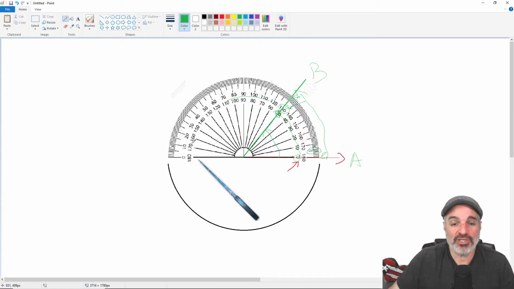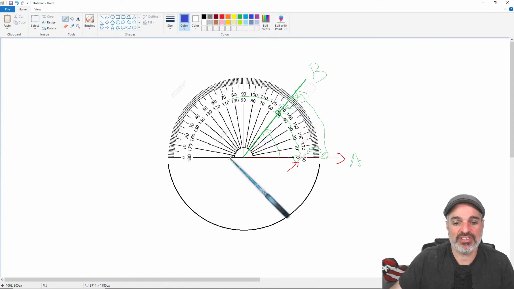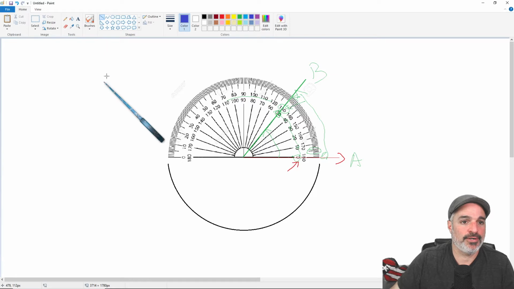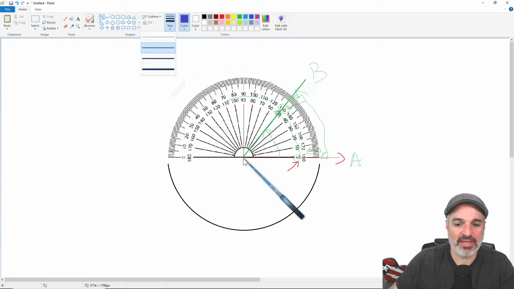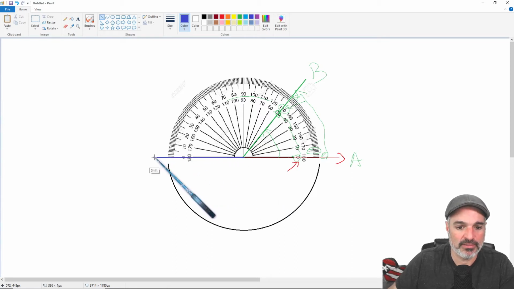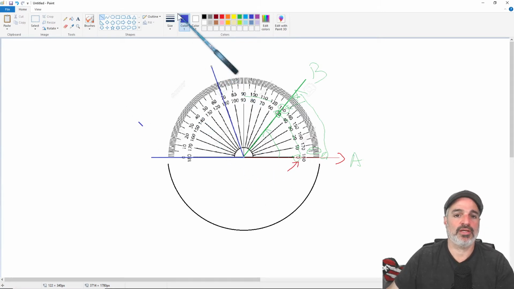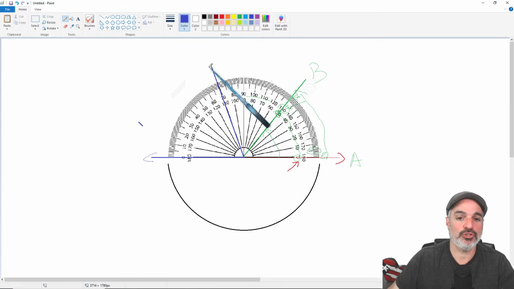Now, you can start this way too. I'm going to make a line from the same vertex, going through 0. And then I'm going to make another line from the same vertex going through here. So what would be the angle between those two rays?